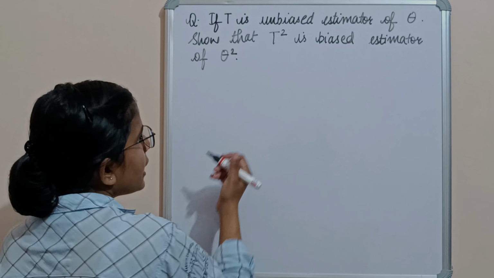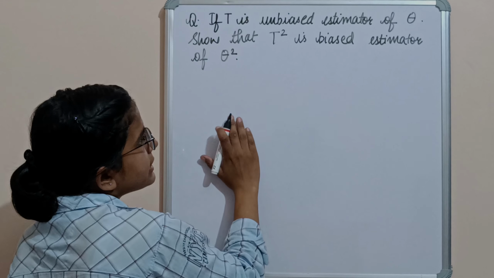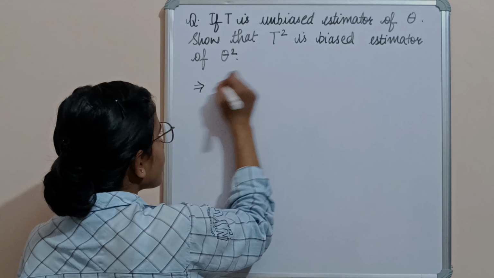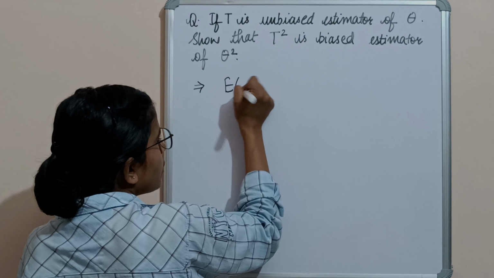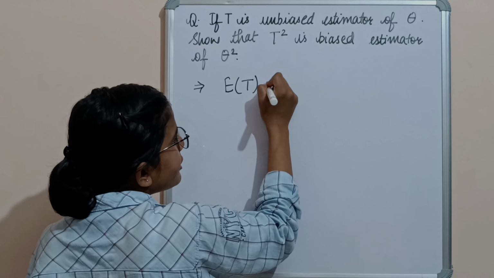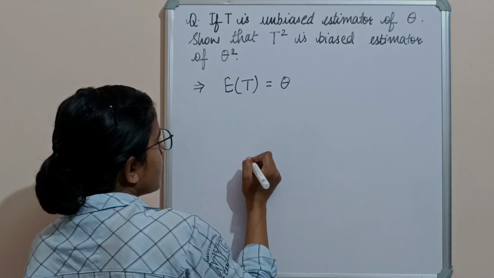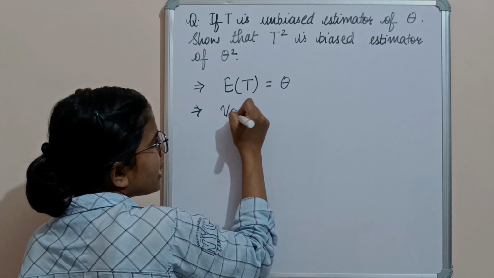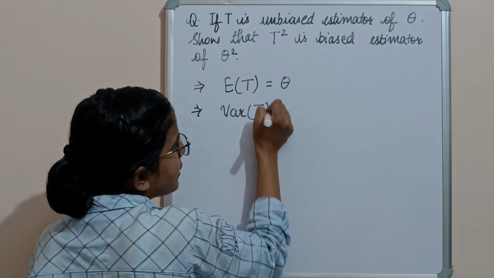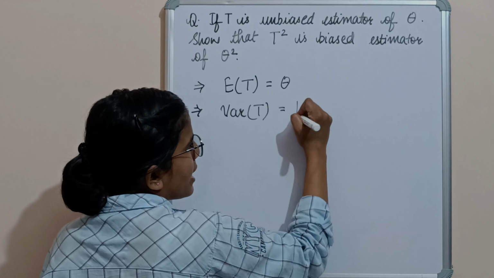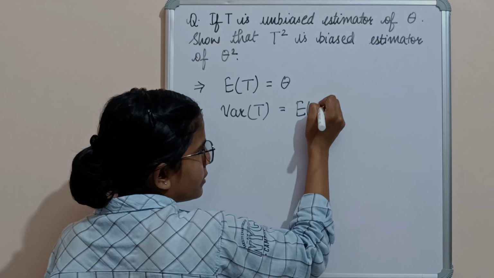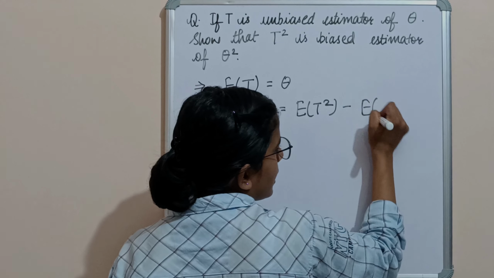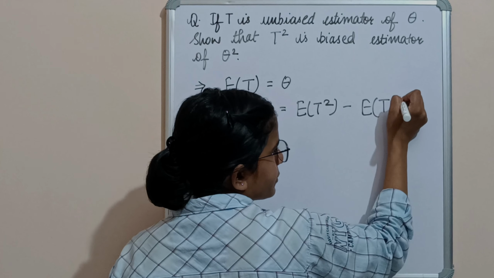First of all, we are given that T is an unbiased estimator of theta. That means expectation of T equals theta. Now, we know that variance of T will be equal to expectation of T square minus expectation of T whole square.